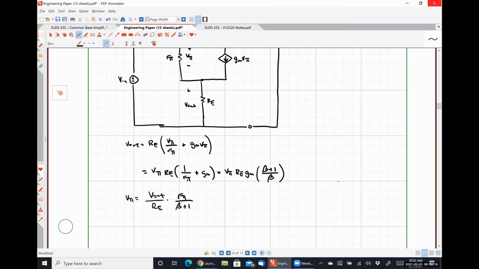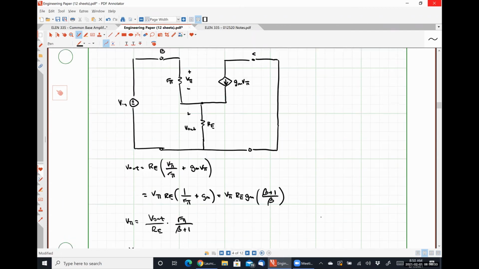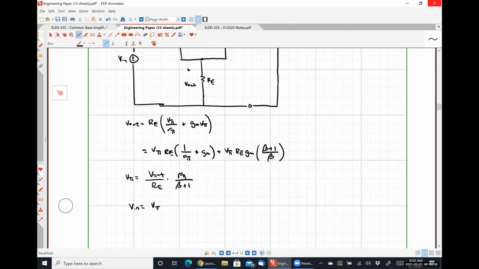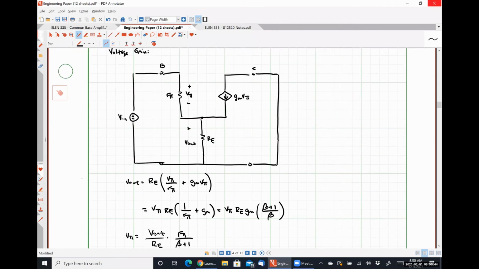Using Kirchhoff's voltage law, I can see pretty easily that Vin is just V pi plus V out. All right, let's scroll up here. Should be fairly trivial to see that Vin, our input voltage, is then simply V pi plus V out.